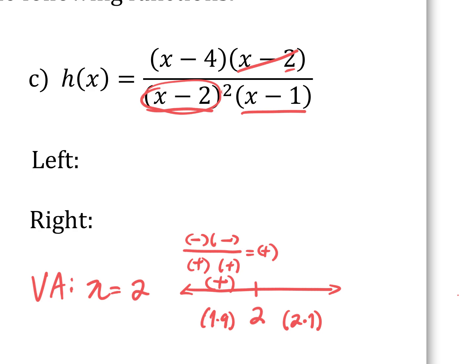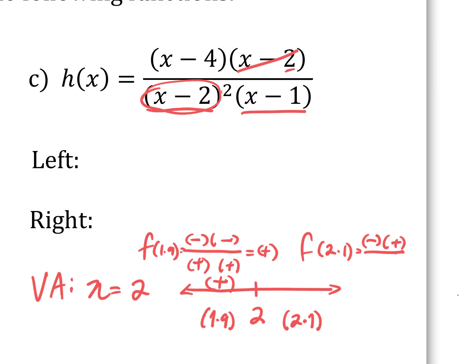Now let's substitute 2.1. That's going to be here. That's going to be f of 1.9, and here is going to be your f of 2.1. So let's look at it. If I say 2.1 minus 4, that's going to give me a negative result. 2.1 minus 2 is positive.